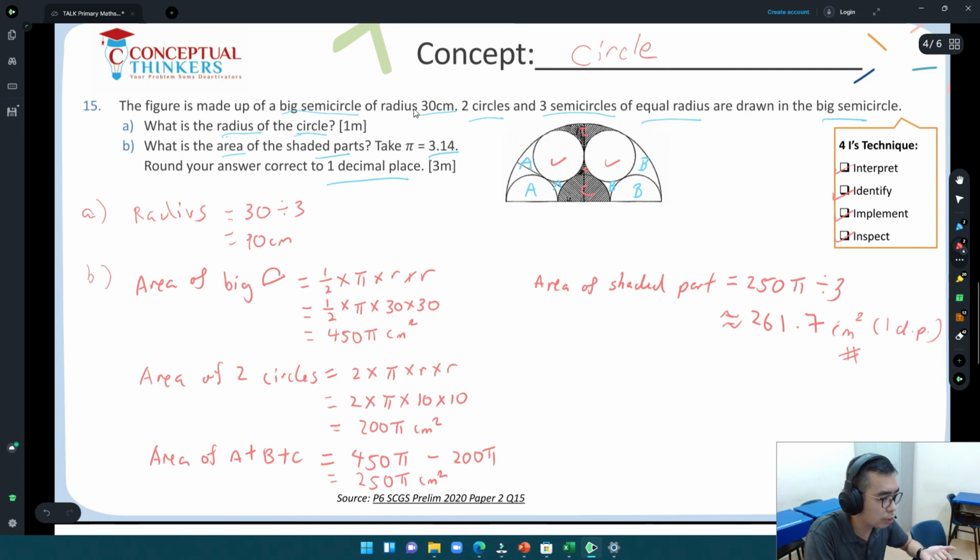For example, they give us 30, so we need to ensure that we use 30 for our calculation in part A and part B. Also ensure that we read and understood the question correctly, and didn't answer wrongly in terms of what they asked for. And lastly, we need to ensure that we didn't make any calculation mistake.